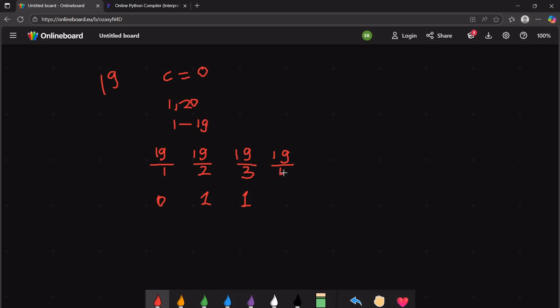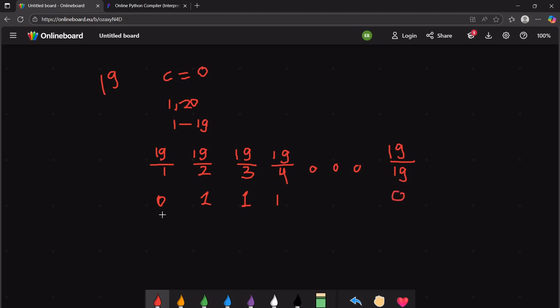For the last one, 19 divided by 19, we will get remainder 0.